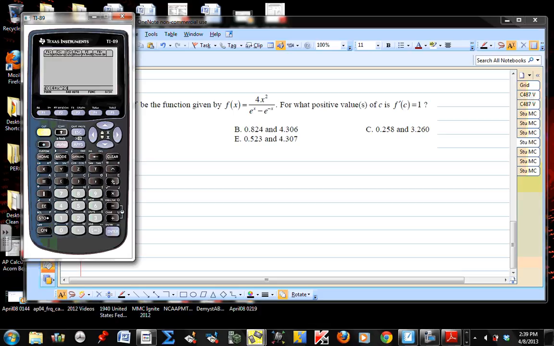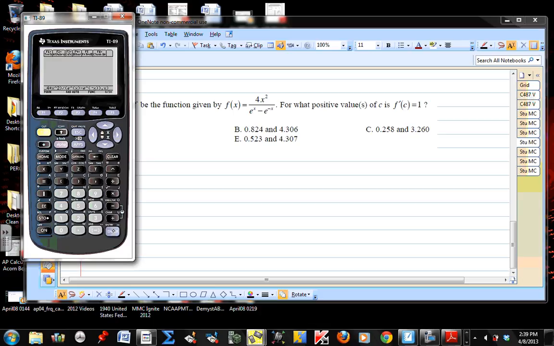Then we're going to divide by the quantity, e to the x, and they open parentheses, so we'll close parentheses after the x, minus e to the opposite of x. So negative 1 times x. And let's see, we'll close parentheses, go comma x, see what happens.